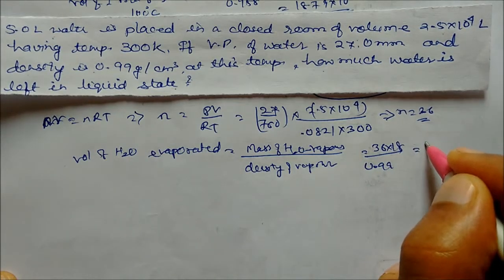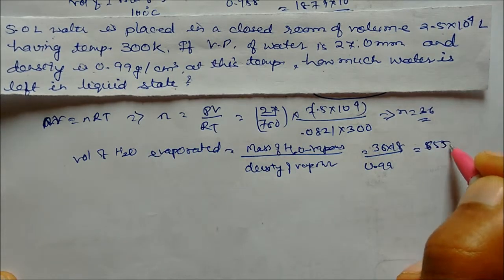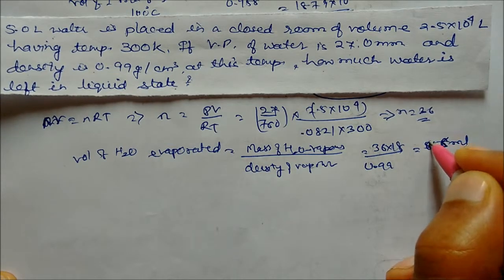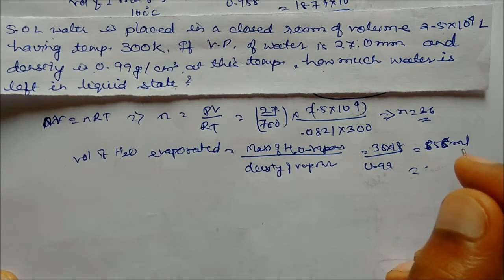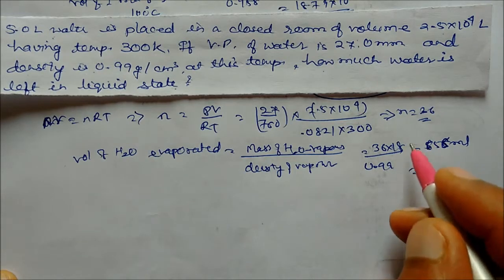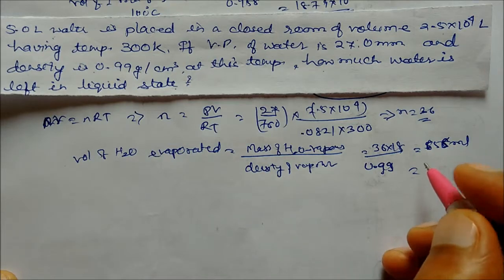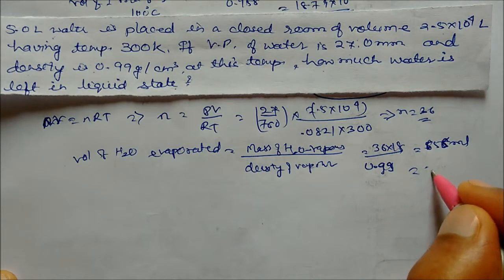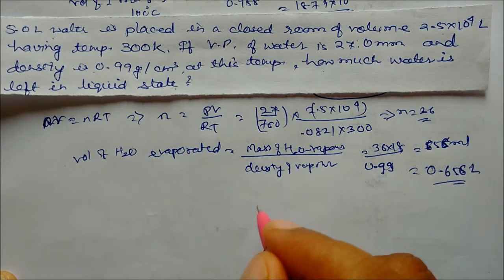Here you will get around 656 ml. This is in ml since the density is given in gram per ml, so we can convert it to liters: 0.656 liters, something like that.